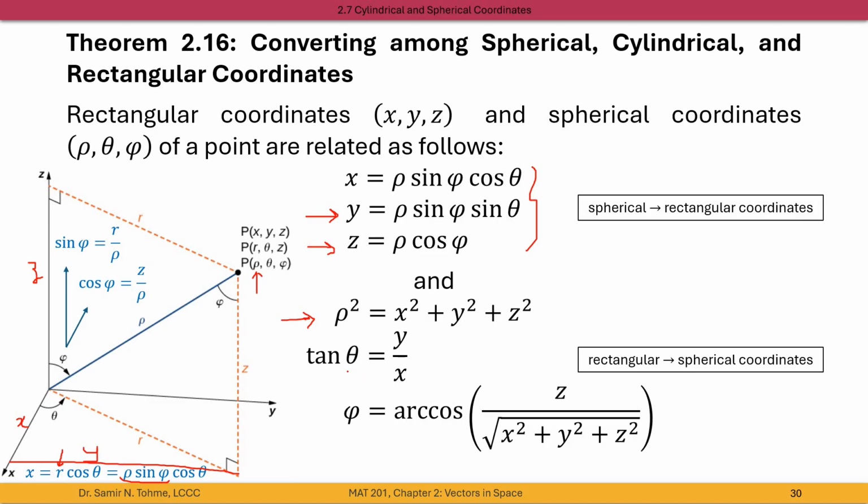Again, you know from the previous case that tangent theta is y over x. Cosine phi is z divided by rho, which means that phi equals arc cosine of z over rho, where rho is given by the Pythagoras equation. So with this kind of transformation, we go from rectangular to spherical coordinates.